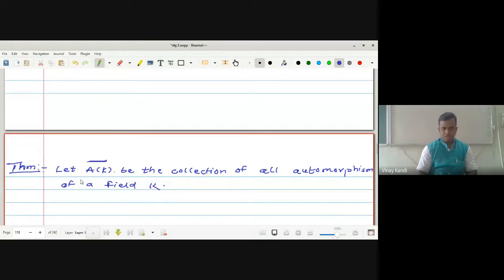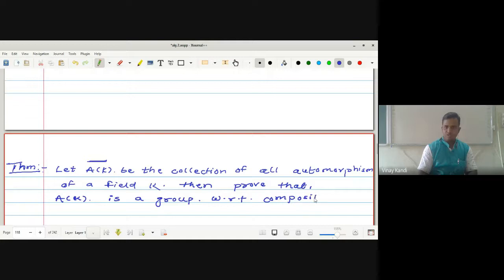Okay, so let A of K be the collection of all the automorphisms of a field K, then prove that A of K, this non-empty set, is a group with respect to what is the algebraic composition?